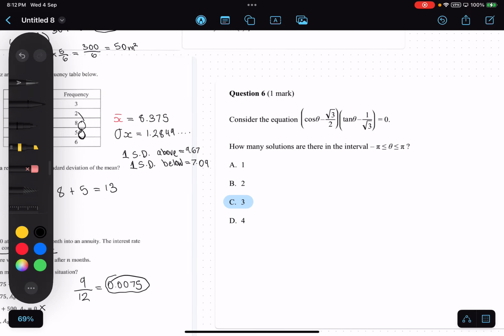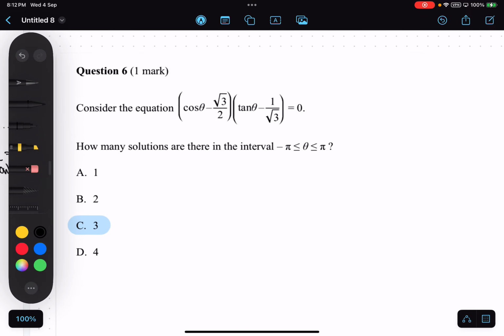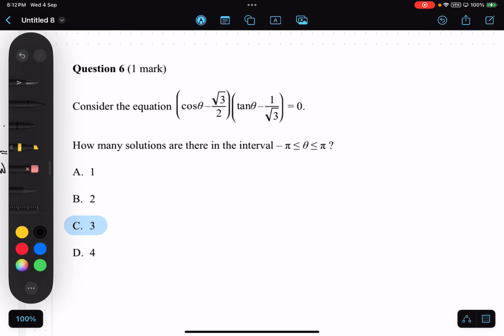Alright. On to question 6. It says, consider the equation (cos theta minus square root 3 on 2) times (tan theta minus 1 over square root 3) equals 0. It says how many solutions are there in the interval where theta is between negative pi and pi.